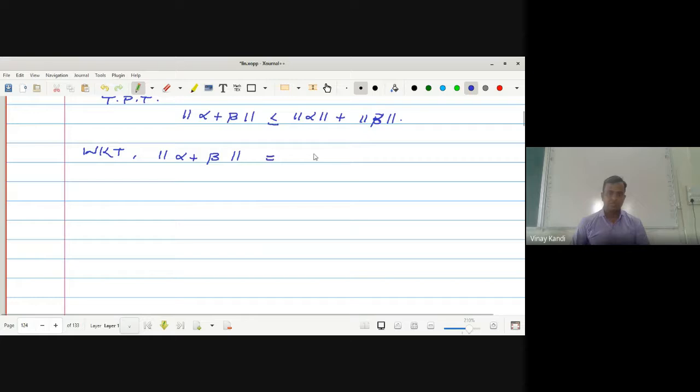Norm of alpha plus beta is equal to the square root of the inner product of alpha plus beta with alpha plus beta. By definition. So squaring on both sides, we get norm square of alpha plus beta is equal to inner product of alpha plus beta with alpha plus beta.